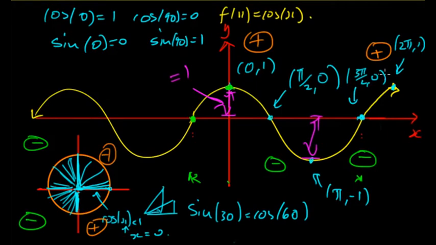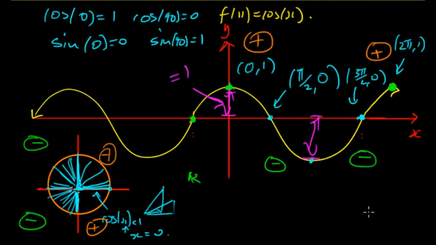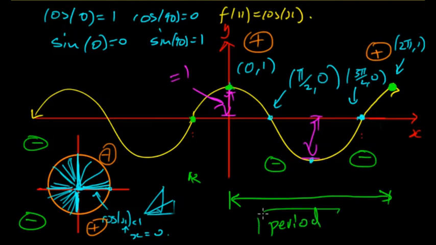We can go from here to here, and that can be one period. Moving this, we can see that along here is one period because we do one cycle. So that is a period, and that is also equal to 2 pi, as just before with sine.